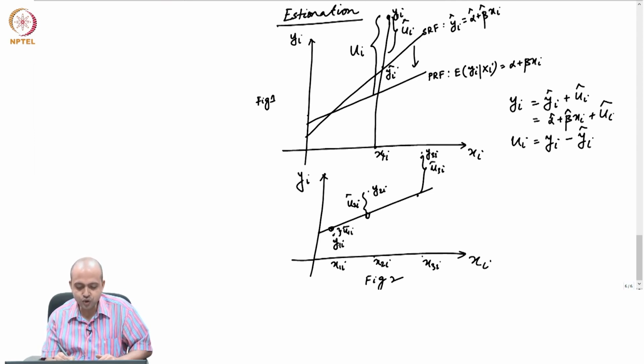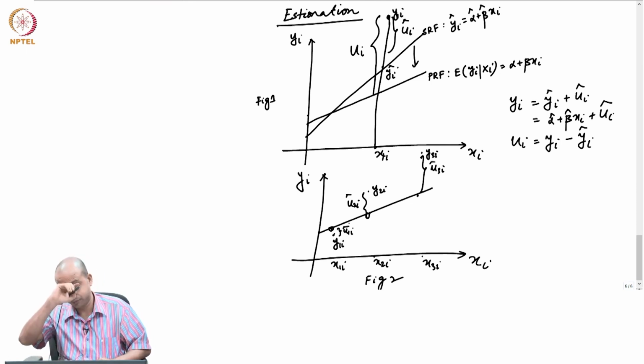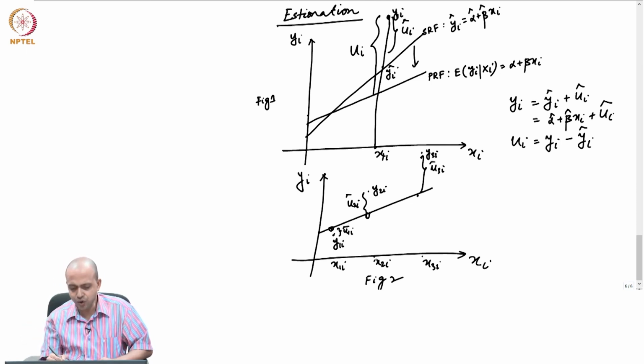But the actual consumption is lower than this line. That means you are committing a mistake. Let us say that is u1i hat. For x2i, your model predicts the consumption here, but your actual consumption is over the line. That means there also you are committing a mistake. Let us say that is u2i hat.